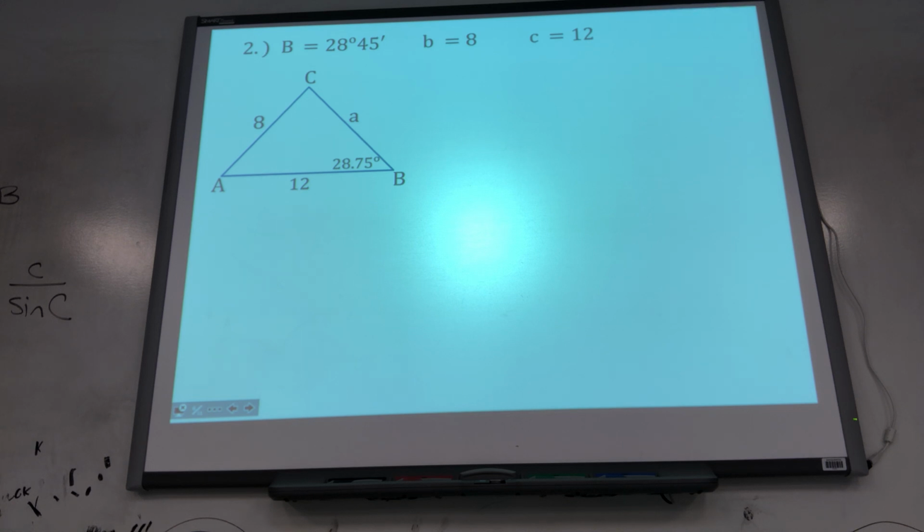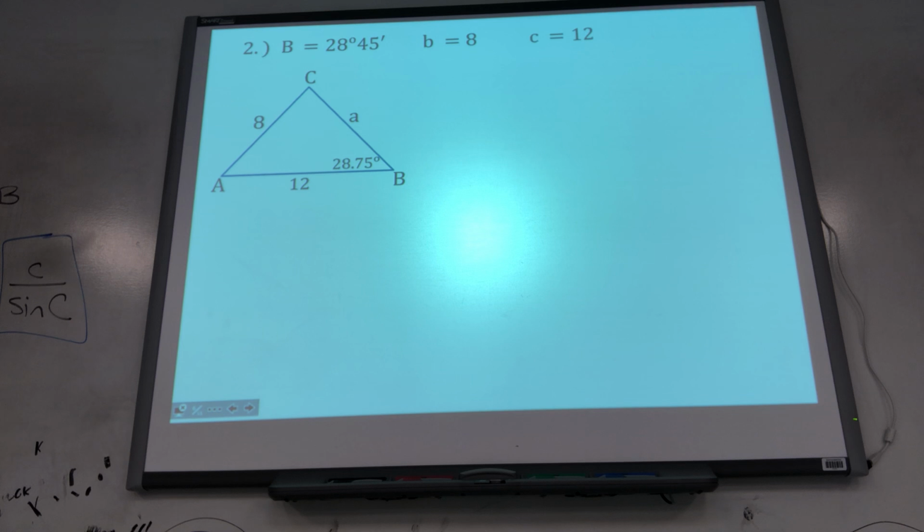I would not pair this up with the A's because you don't know anything about the A's. Both of these variables would still be variables because you don't know anything about them, which means I need to pair it up with the C's because I at least know what little c is.